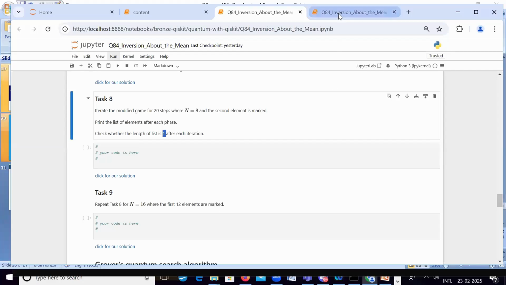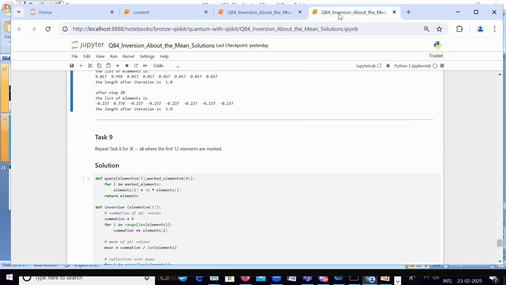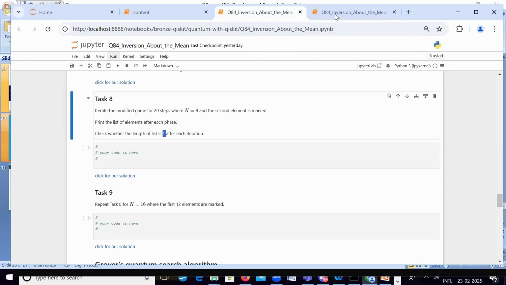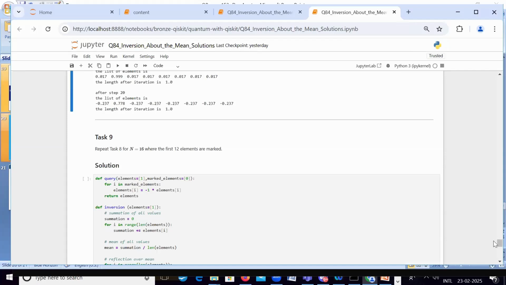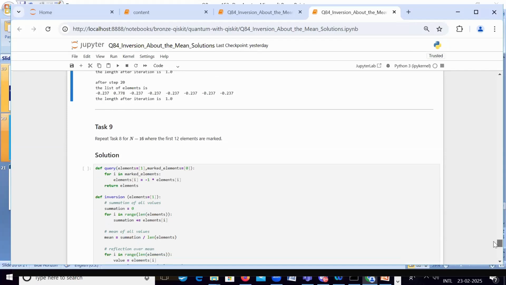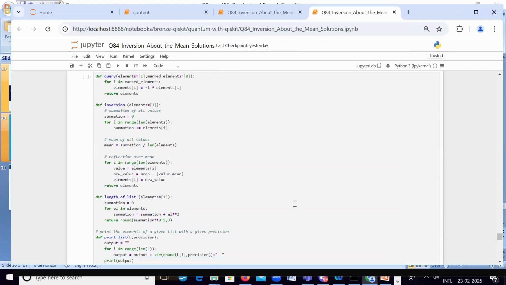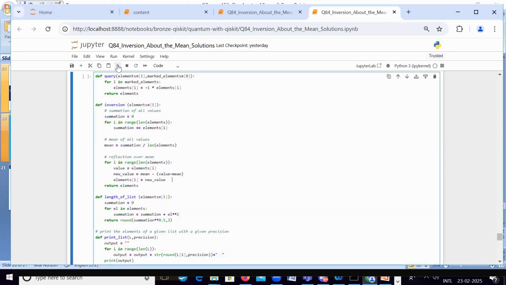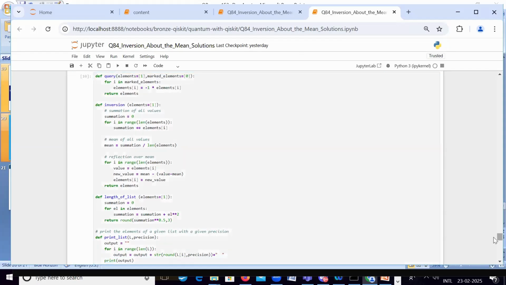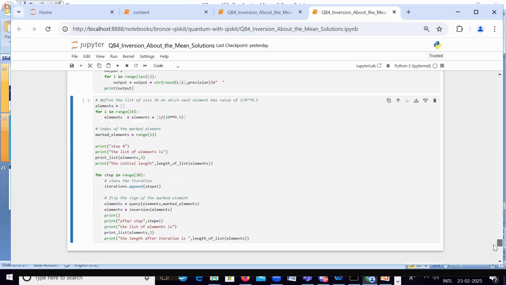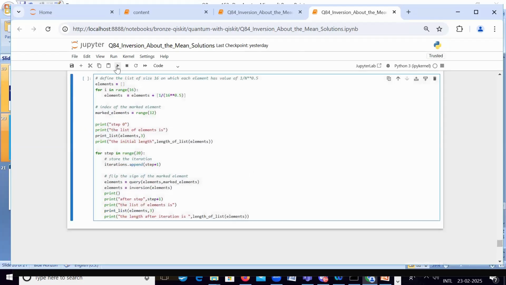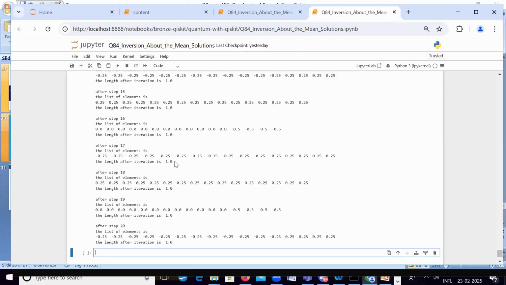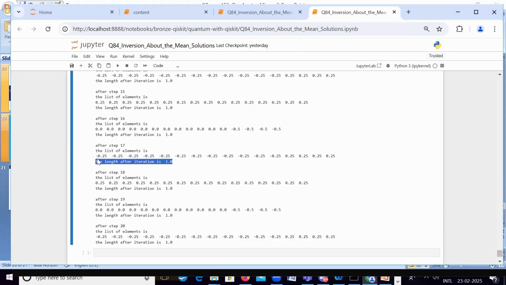So here, that is solution 9. When you run it here, we'll see the same condition being maintained. Everywhere the length is 1, and these are the different sets of elements.